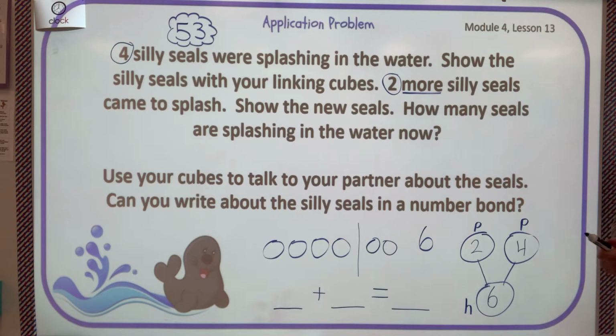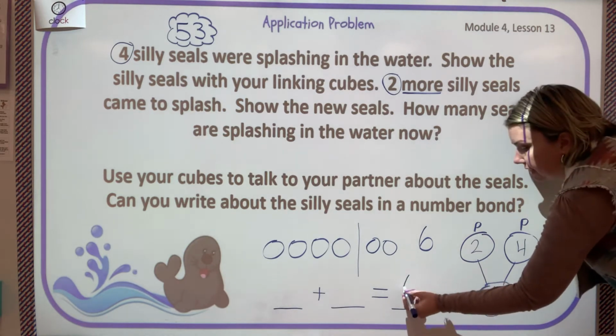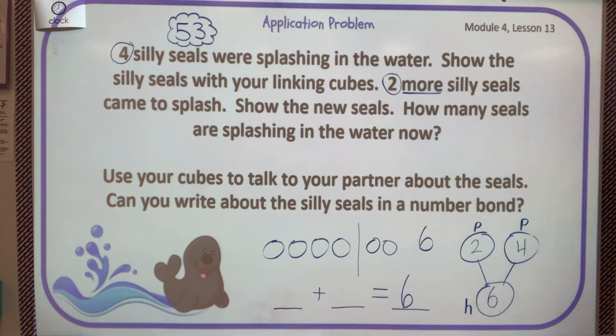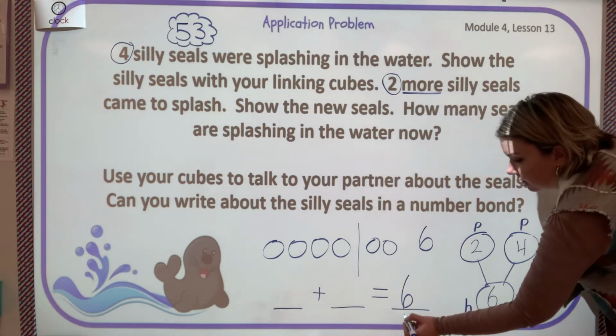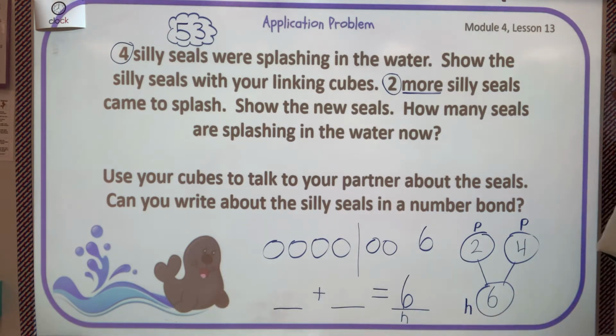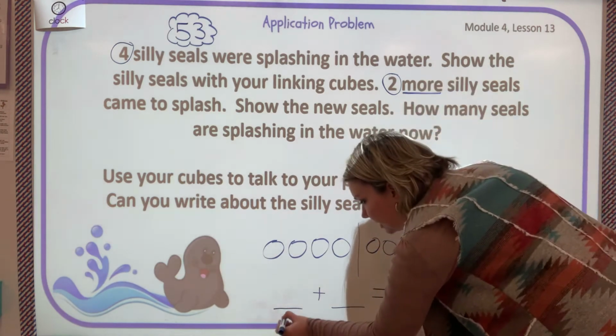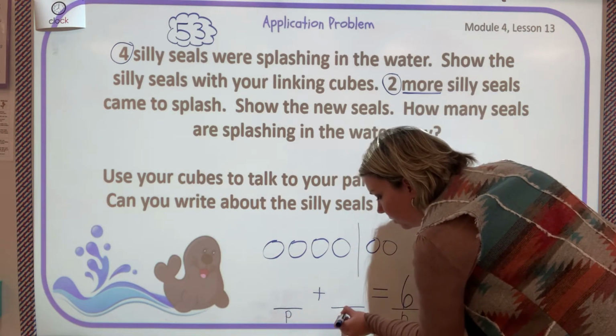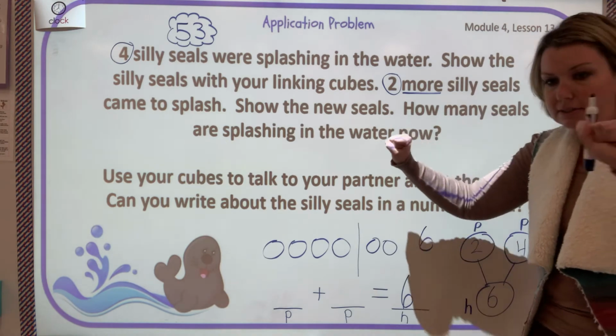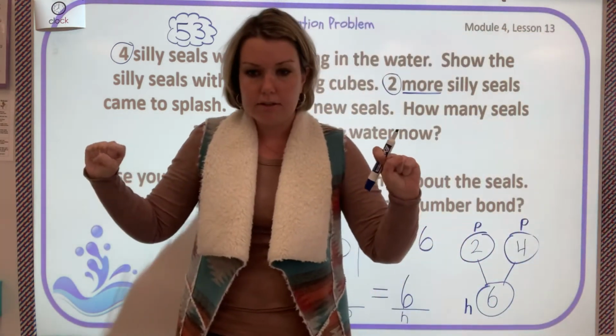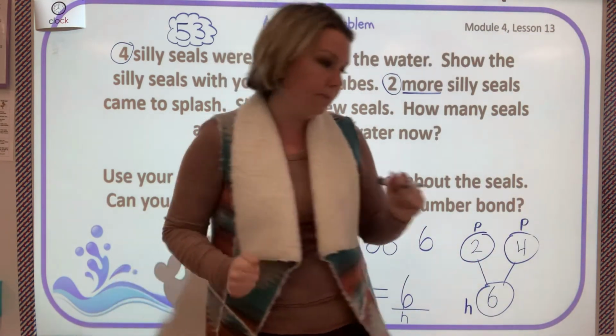Landon? Addition. Actually, Landon, our whole is our answer. So the whole is going to go at the equal sign. And our 2 parts are going to go on either side of the plus sign because we're putting the 2 parts together to make the whole.